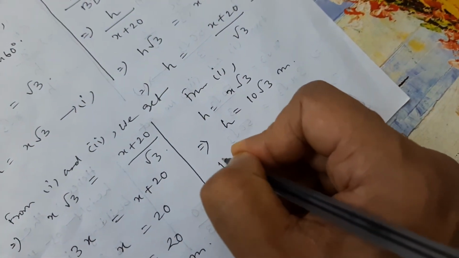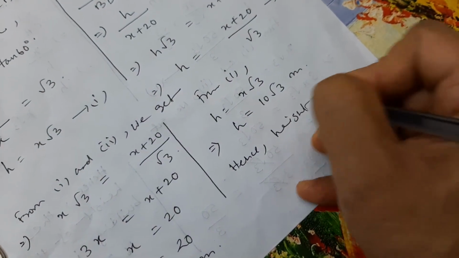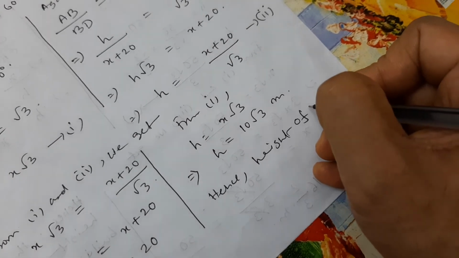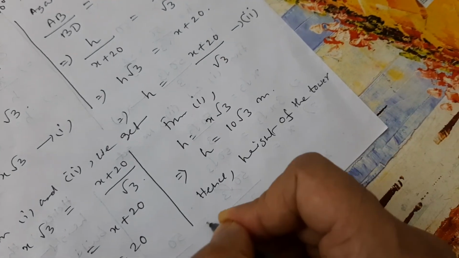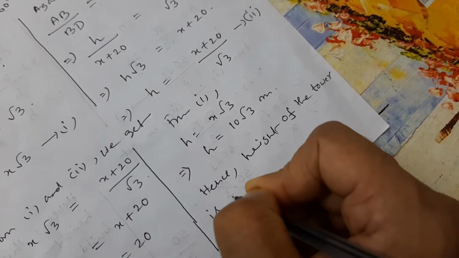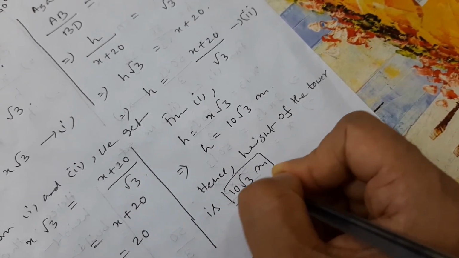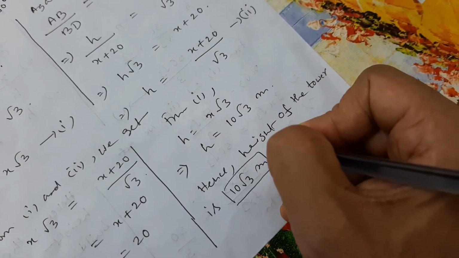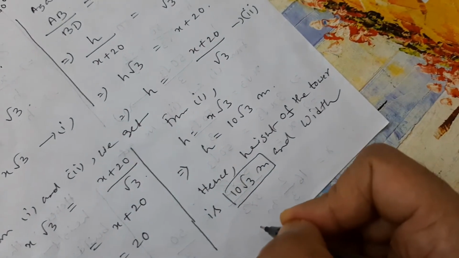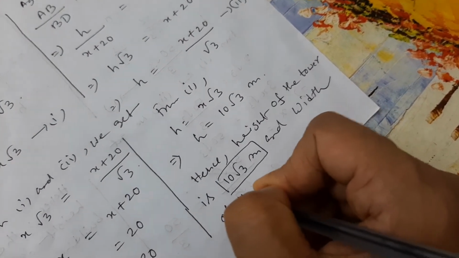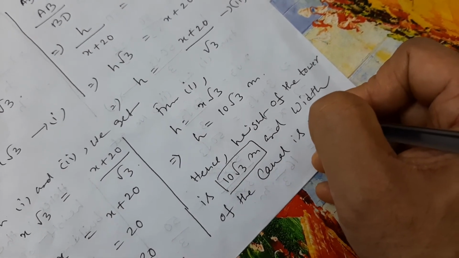So hence height of the tower is 10 √3 meter, and width of the canal is 10 meter.